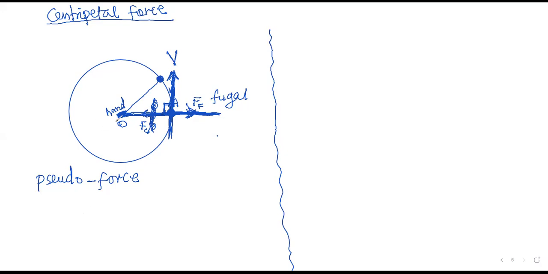So let's give situations of circular motion. 1. When a stone is tied to a string or rope and whirled, this will demonstrate circular motion.